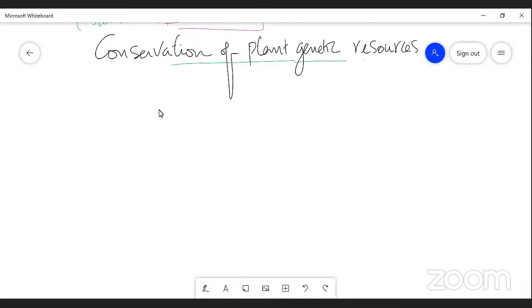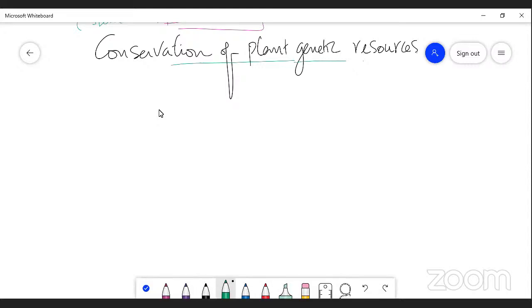Dear student, please understand, conservation of plant genetic resource deals with biological materials or sources, like protoplast, cell, DNA, gene, pollen, tissue, or any other thing, right?